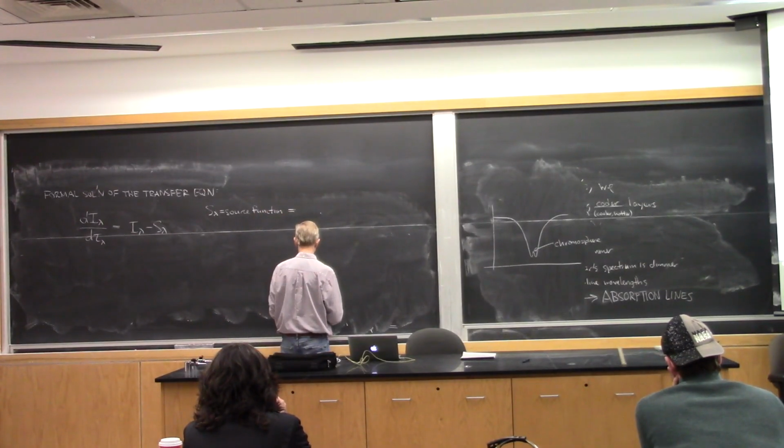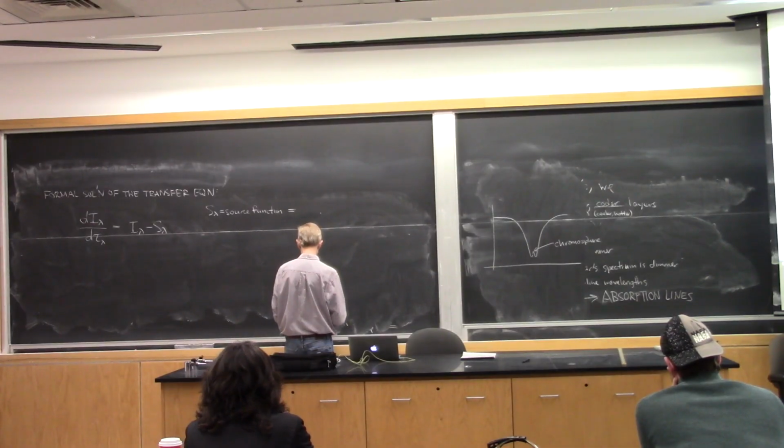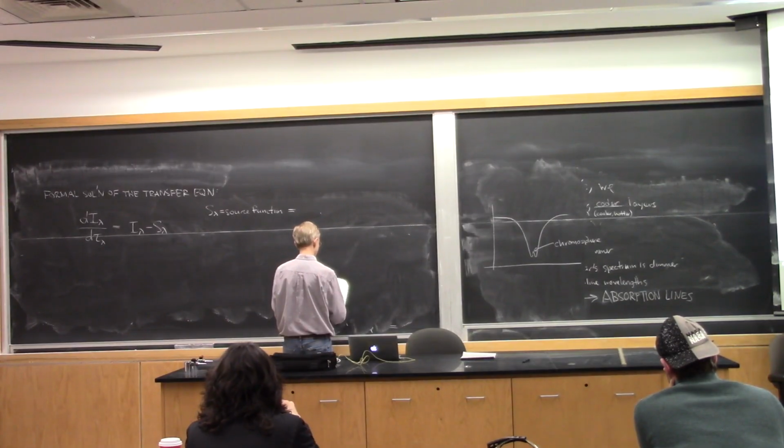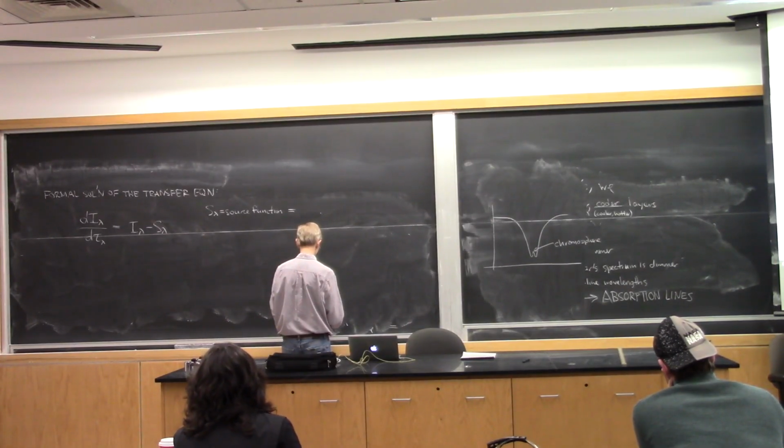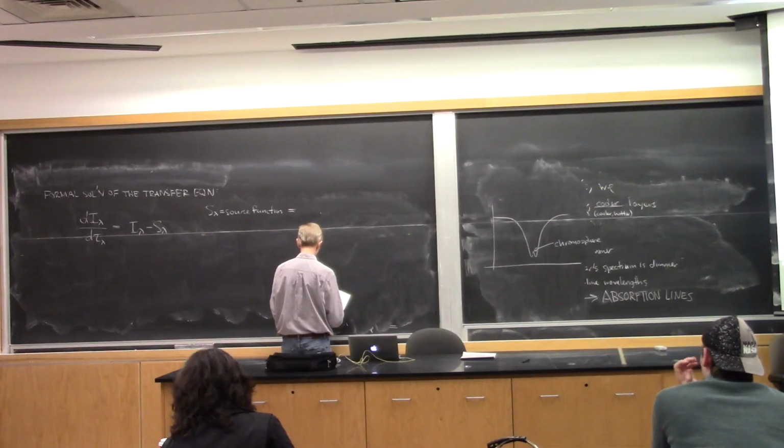And that was J lambda over kappa lambda, if I'm recalling correctly here. I'm almost sure I'm right about that.